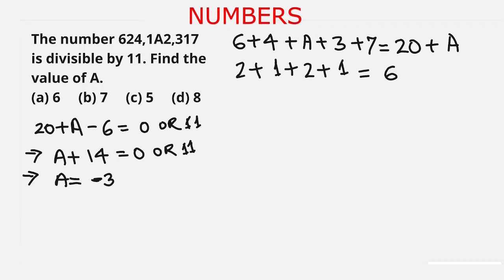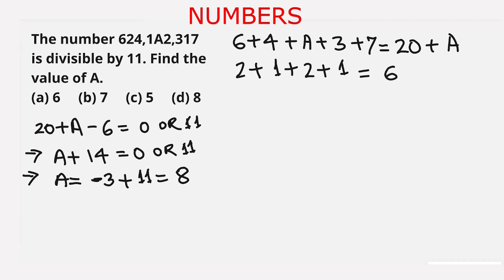So what we do, we add 11 to it, and this comes out to be A equal to 8. I hope you have understood this step. The rule says that the difference between the sum of the digits at even places and the sum of the digits at odd places must be 0 or any number which is divisible by 11. Here if we put it equal to 11, then A comes out to be 3.